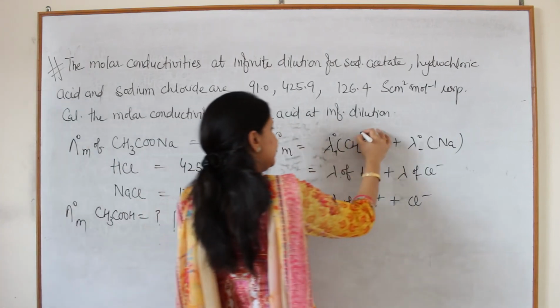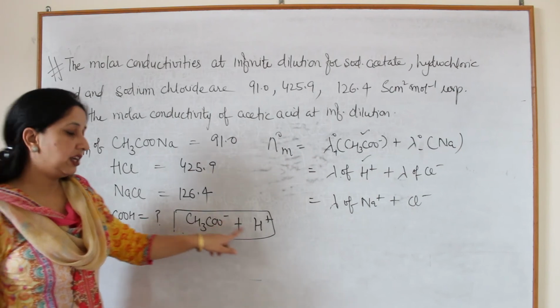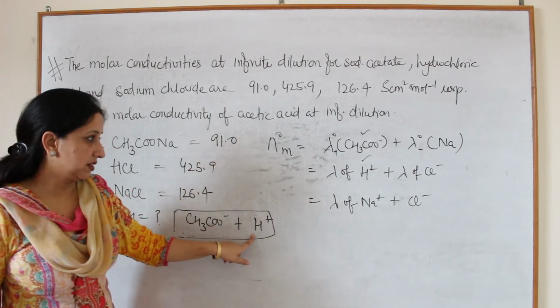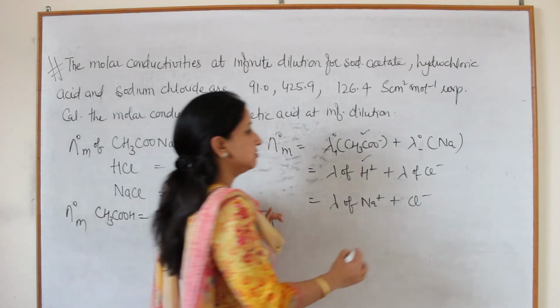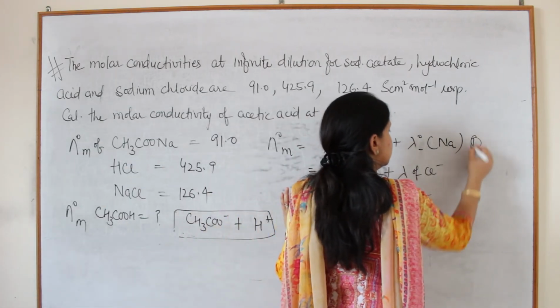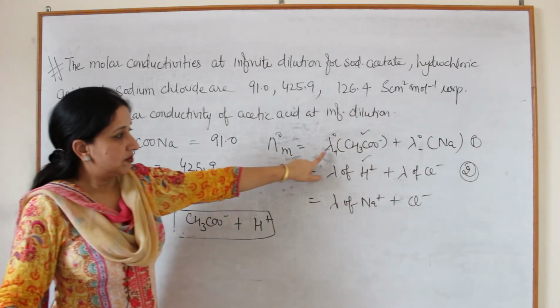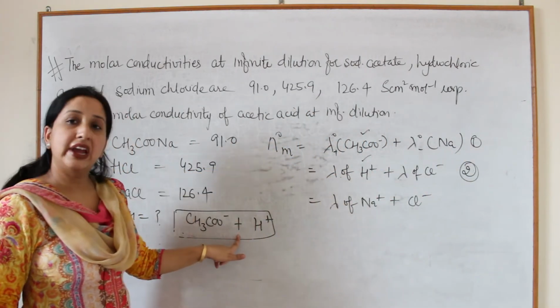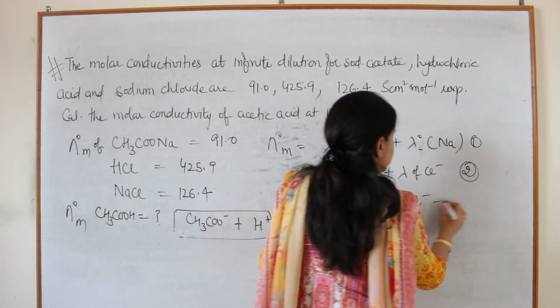So we need CH3COO negative and H positive. We want the plus sign, which means we have to add equations 1 and 2 and then subtract equation 3.